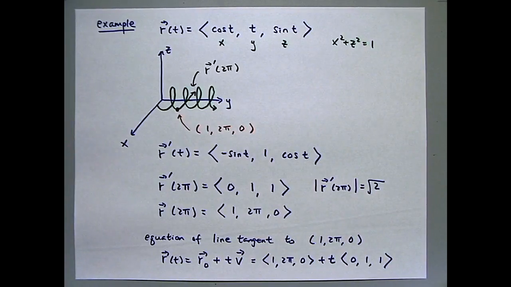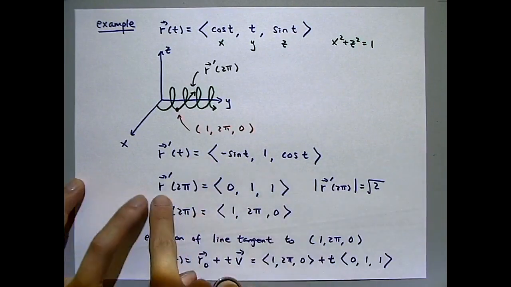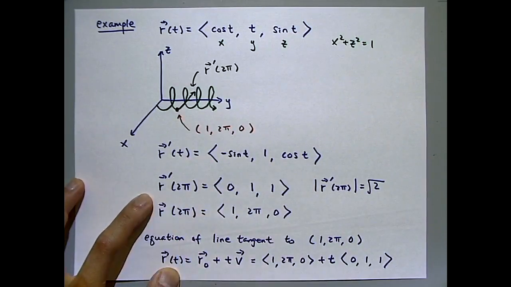Velocity. We'll actually deal with velocity and position in much greater detail in the future, I think next Wednesday. But right now we can talk a little bit about that. Don't worry too much about position and velocity right now. But if r is the position, then r prime is the velocity.